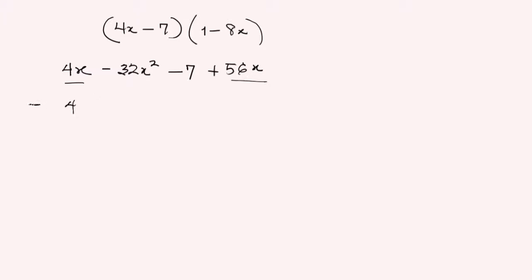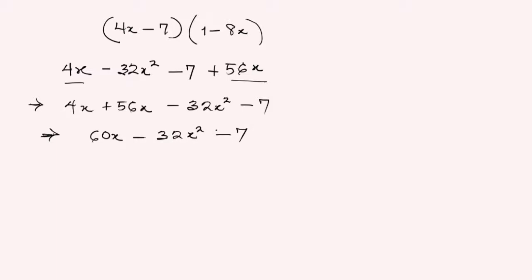And so this can become 4x plus 56x minus 32x squared minus 7. And so we would have this as 4x plus 56x is 60x minus 32x squared minus 7. Now we could be tempted to leave our answer this way, but when we write polynomials, we always make sure that the variable with the highest power is written first, and then we write the powers in descending order.